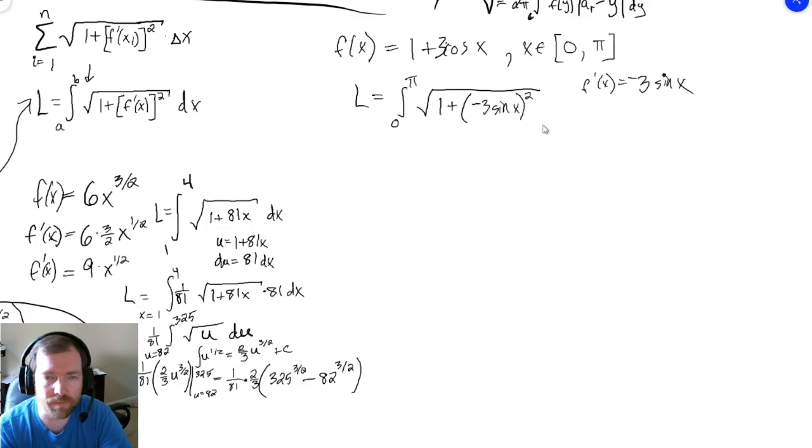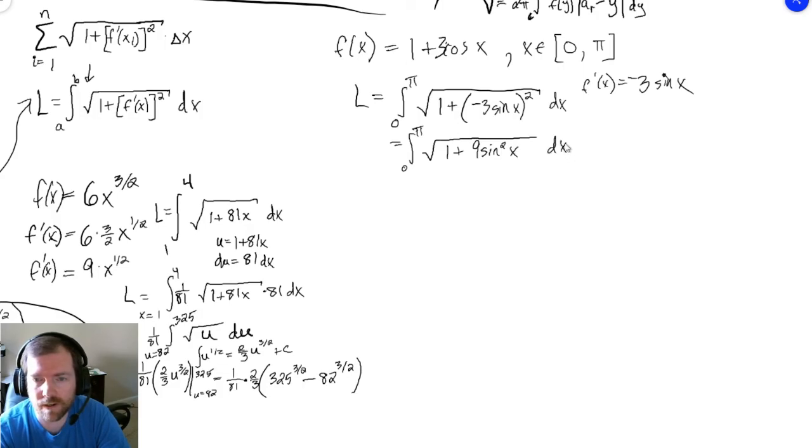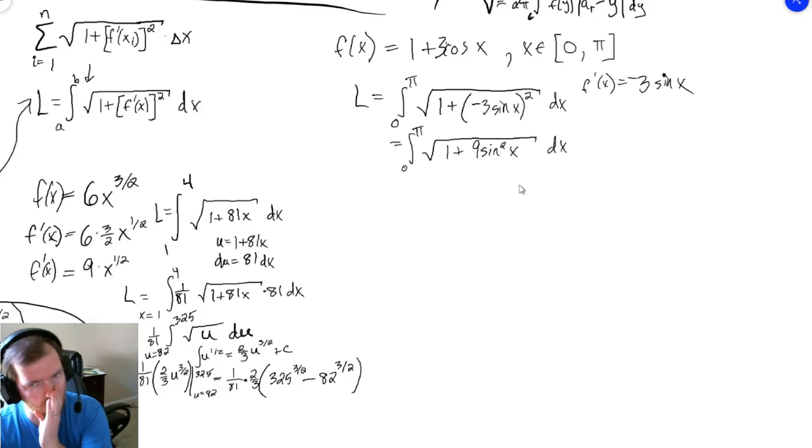And then we're squaring it. dx. This is going to be 1 plus 9 sine squared of x dx. And then this is a prime candidate for a trig substitution.